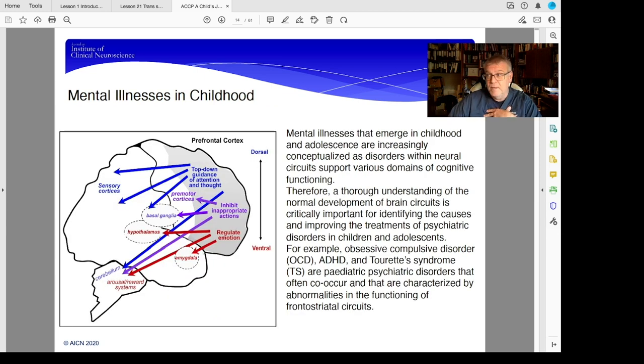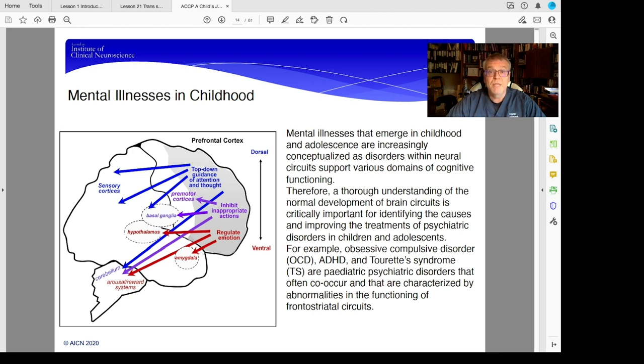Now let's talk a little bit about mental illness, because mental illnesses that emerge in childhood and adolescence are being increasingly conceptualized as disorders within the neural circuits that support the various domains of cognitive functioning.